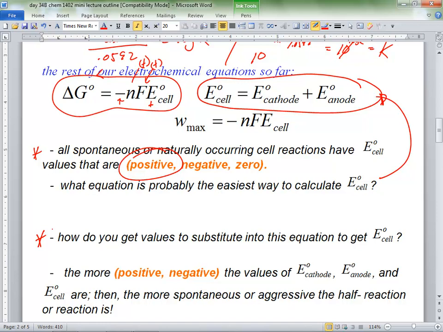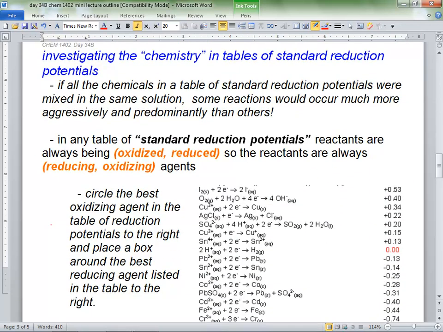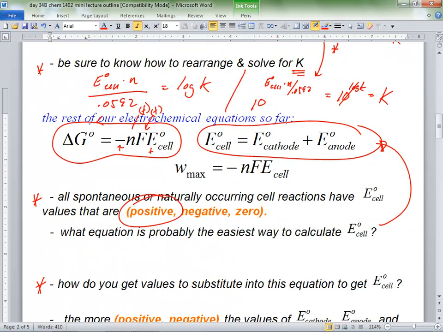Now, how do you get these values, Maria, to substitute into that equation that Alyssa picked? From the chart, right? And in fact, we've got some down here. What do we call the chart? Standard reduction potentials. Right? Okay.